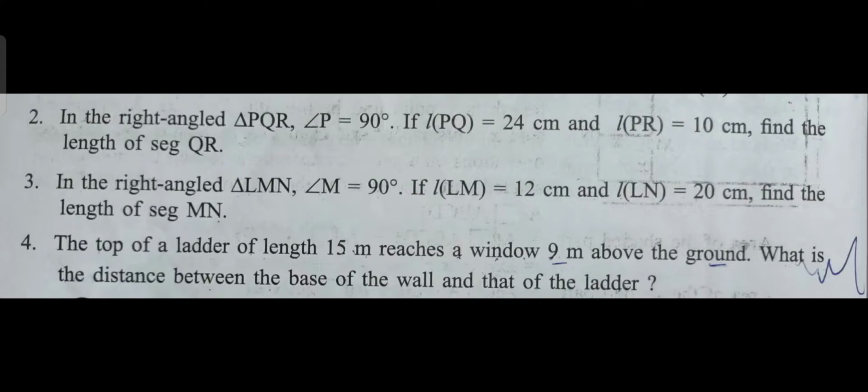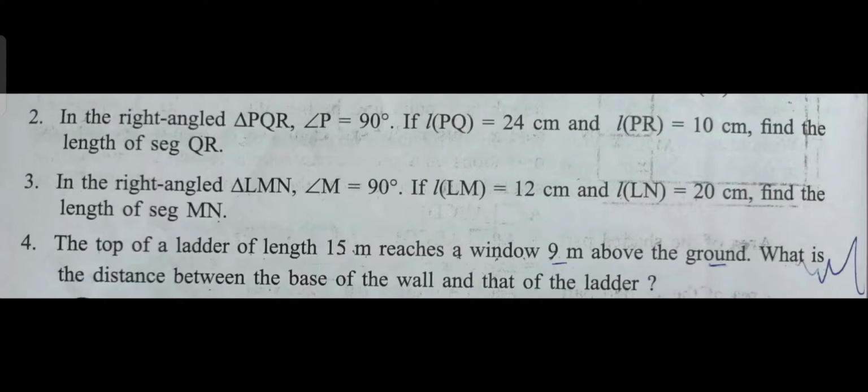Then write the values of length LM and length LN, and find the length of segment MN. In the place of segment MN you will write X, because you are supposed to find the value of X, that is segment MN. For this, you are supposed to use again the Pythagoras theorem. So the formulas are very important. If you will not learn the formulas, you won't be able to solve the sums.